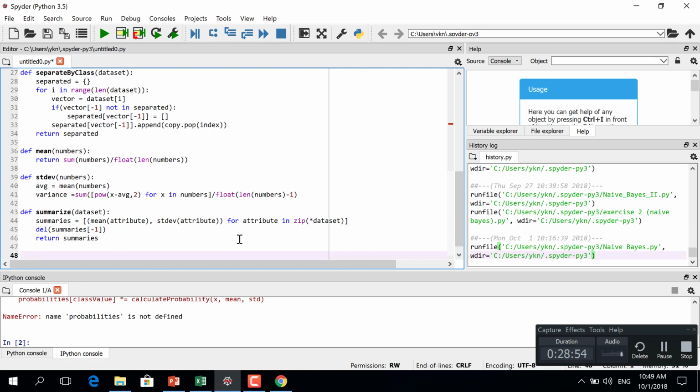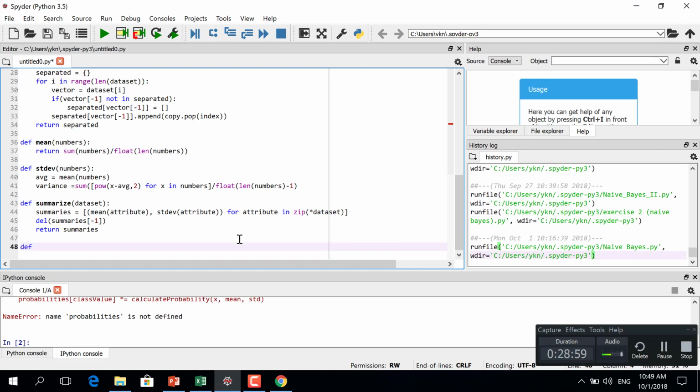All right, okay, yes. Now we have to summarize by class. The previous summary is a summary of the entire independent variables, regardless of whether it is considered as a group plus 1 or minus 1. Now we have to summarize the variable by class. So there will be a summary for plus 1 and a summary for minus 1.